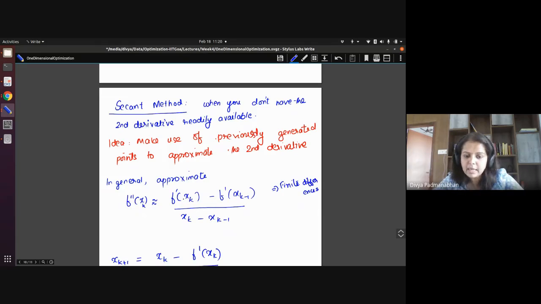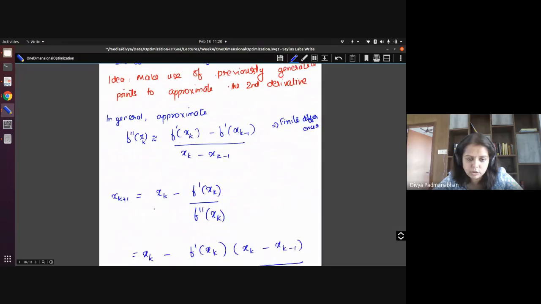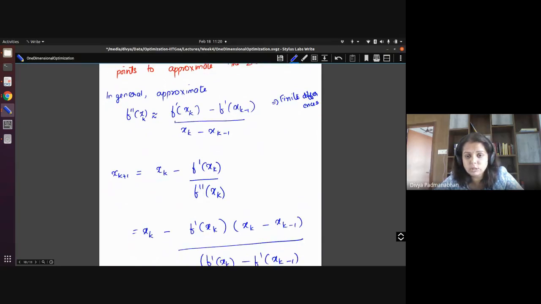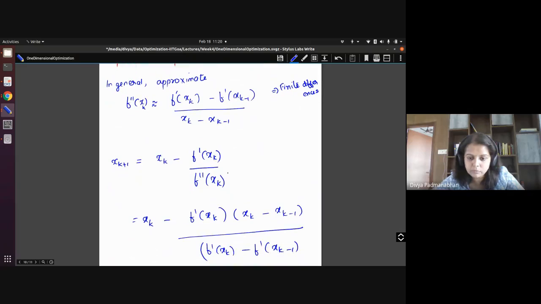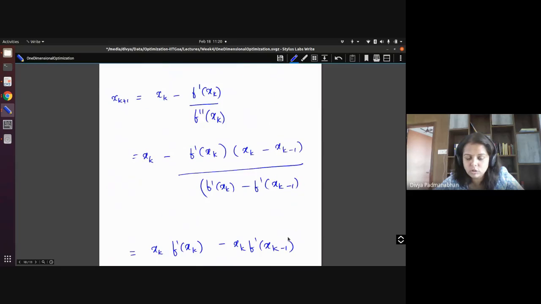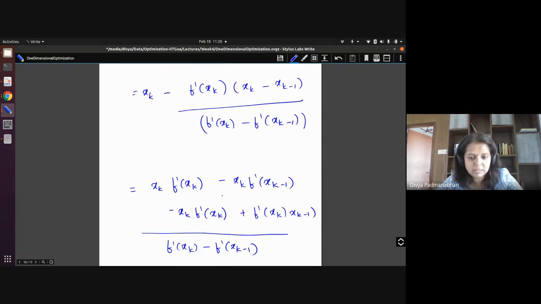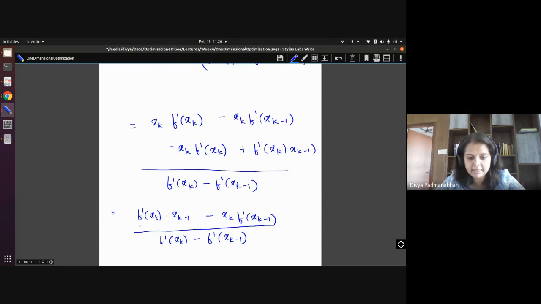The same thing you can do with the Newton step. Instead of f double dash, you plug in this formula, and that gives you something of this form. You can do these simplifications and you will get another expression of this form. So this is another iterate.